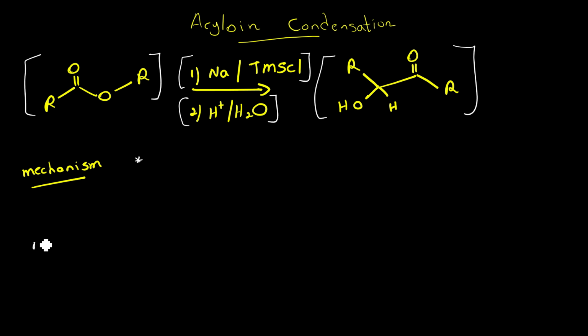So first what happens is, let's say we have a compound like this. So there are sodium radicals. These sodium radicals are the ones that are going to initiate our reaction. So what happens is this radical will go and form here. Due to this formation, this electron pair will go to form with oxygen.